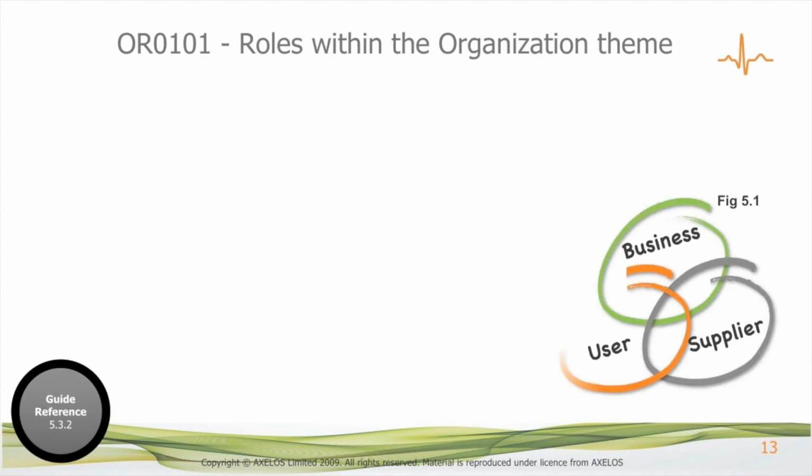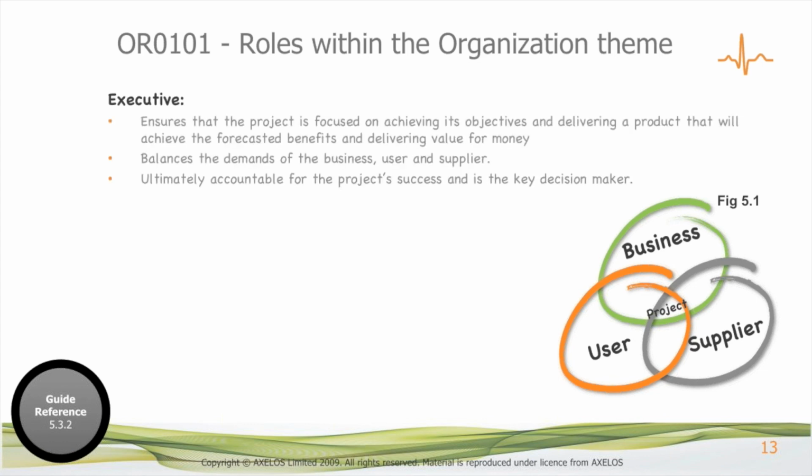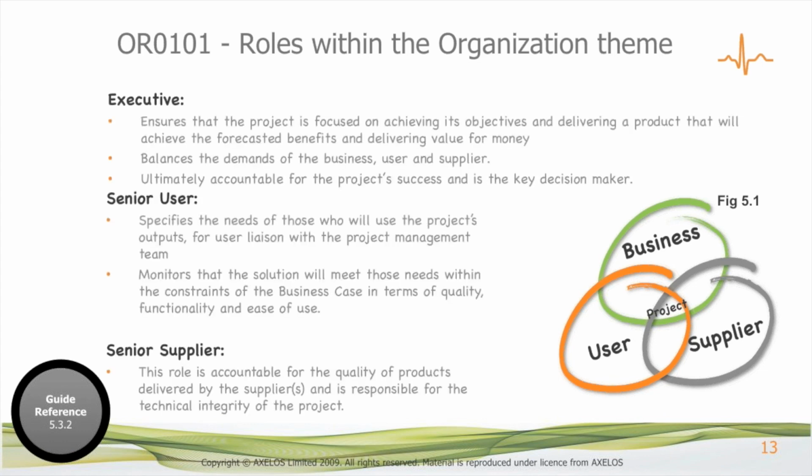So the key thing in Prince is the 3 different roles. Your main roles are the business role, where the executive is the sponsor. It's called the executive. Senior user represents people that will use the products, and the senior supplier represents the people that will actually supply and develop the products that are going to be used by the users.